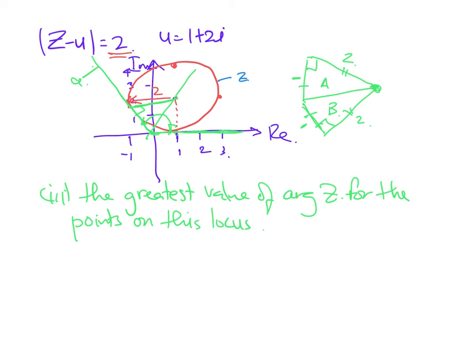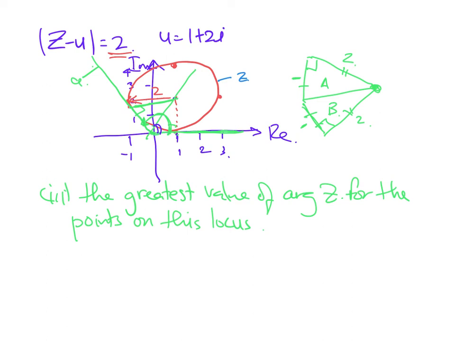I have to find the greatest angle, from here all the way here. To find that, I have to find what this angle is. If I can find that angle, I just have to multiply it by 2 to find the greatest arg z.